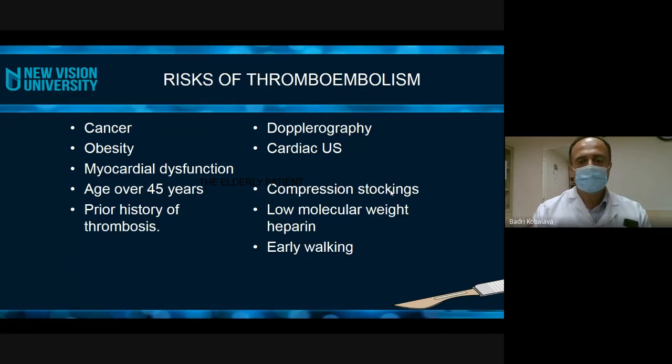So when the stocking compresses the superficial veins, blood is redistributed to the deep veins, and blood flow in the deep veins increases. Because of this, the likelihood of clot formation and subsequent embolism decreases.